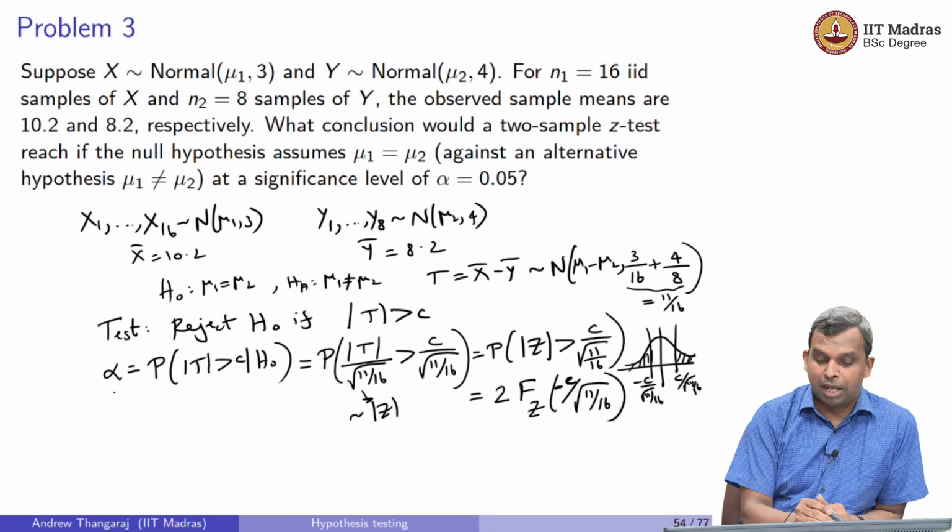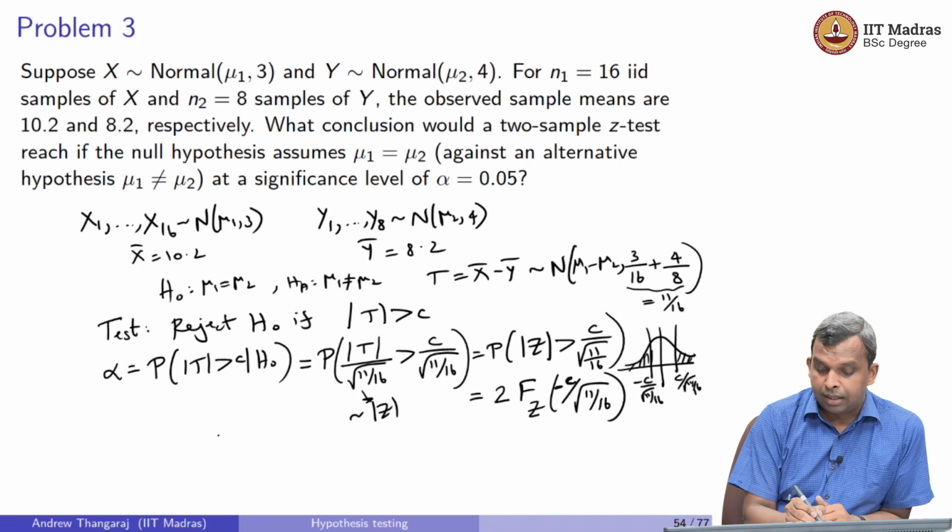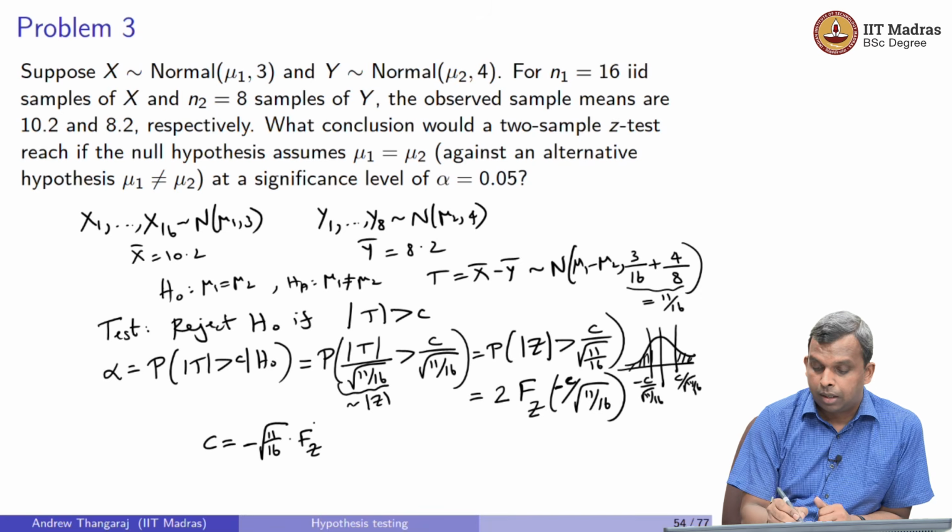Okay, so if you put alpha equals 0.05, you divide by 2, 0.025, you take Fz inverse. So you will get c to be equal to minus root 11 by 16 times Fz inverse of alpha by 2.